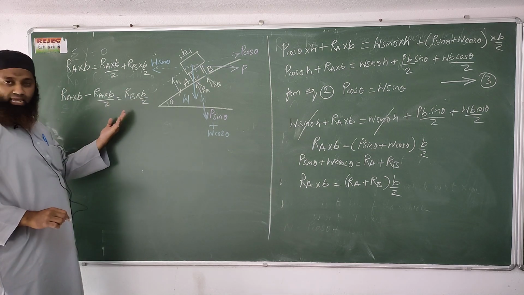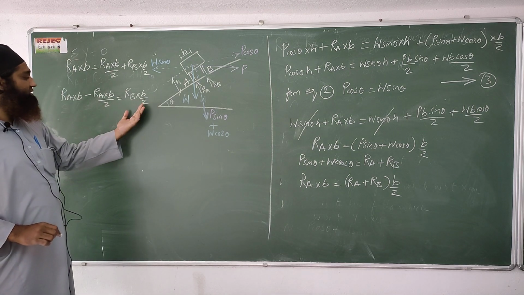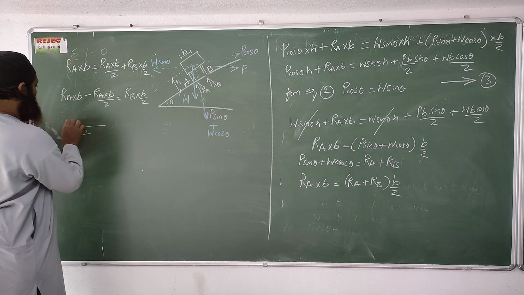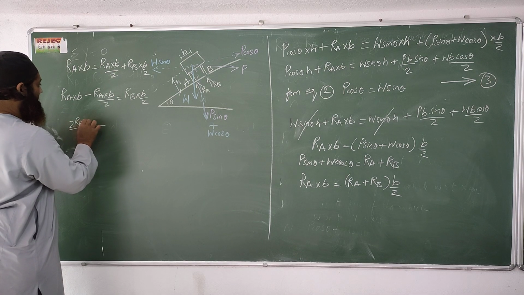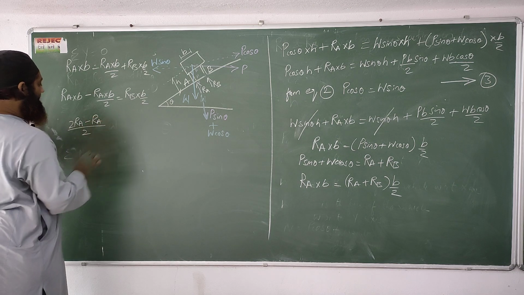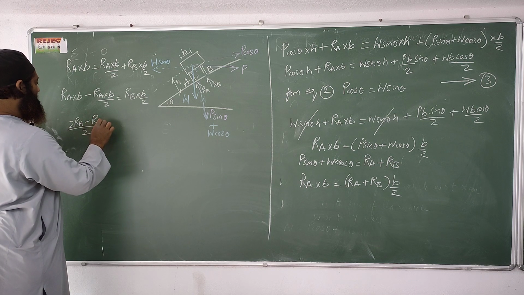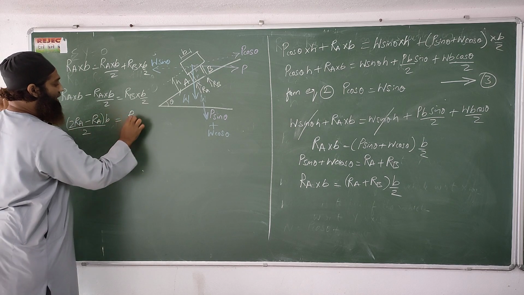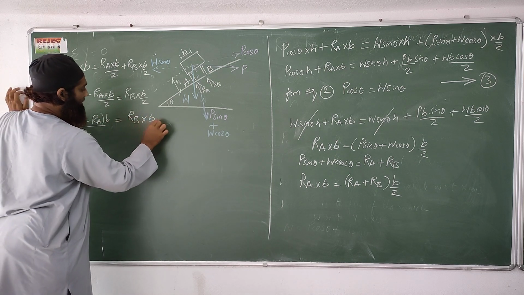See, I have taken the Ra terms one side and Rb at the other side. Let us simplify this here now. 2Ra minus Ra into B is equal to Rb into B by 2.